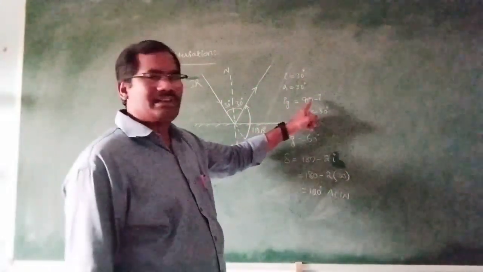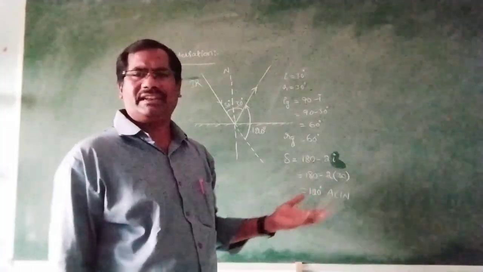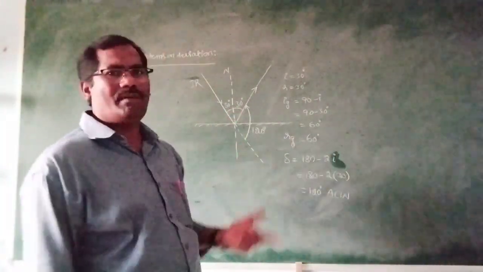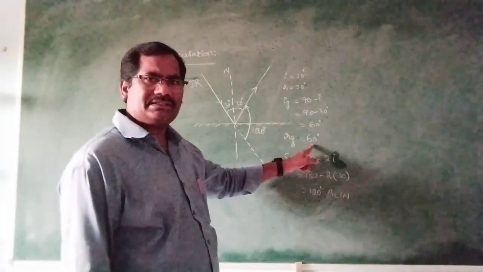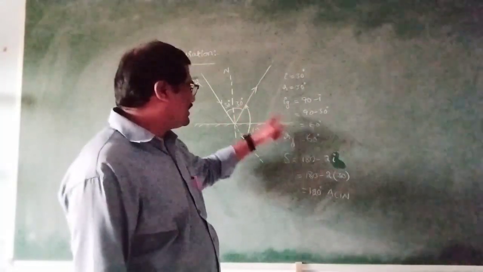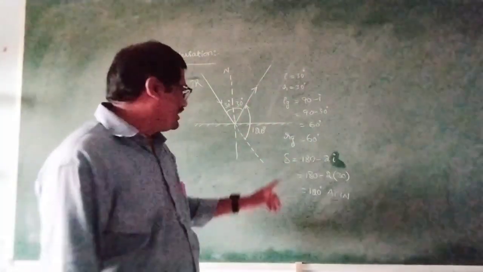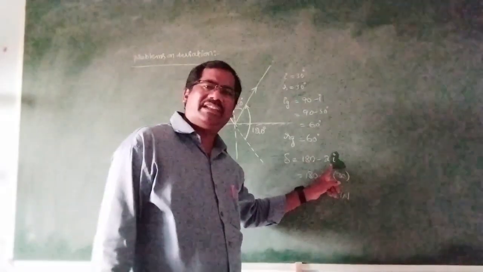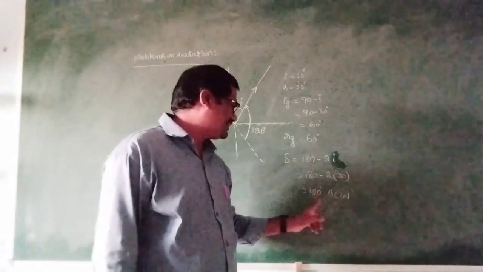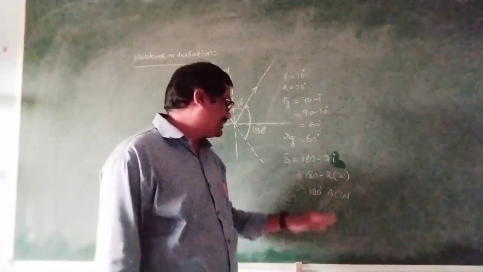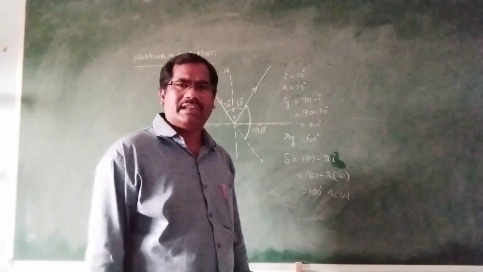IZ is equal to 90 minus I, the complementary of I. This value is 30, this value is also 60 degrees. Next, RG is also 60 degrees. Delta is equal to 180 minus 2I. With I as 30 degrees, simply 120 degrees in anti-clockwise direction.